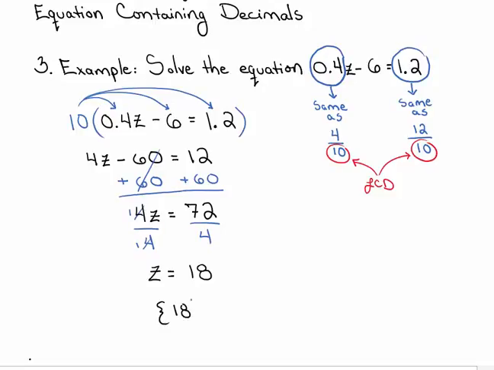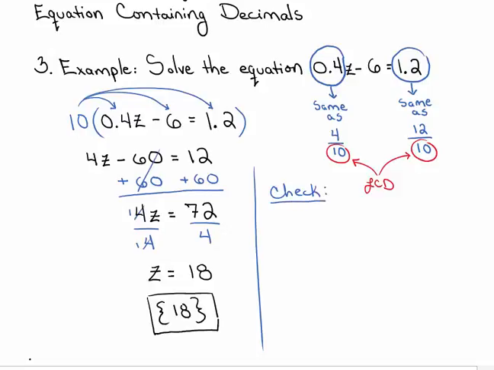So I'm just going to go ahead and write that inside of a solution set using a set of braces. Now you should always check your answer. You should never just believe that you did everything correctly. You might have made an algebraic or an arithmetic mistake. So we're going to check our work. We're going to substitute 18 back into the original equation to make sure that this is actually the true answer.